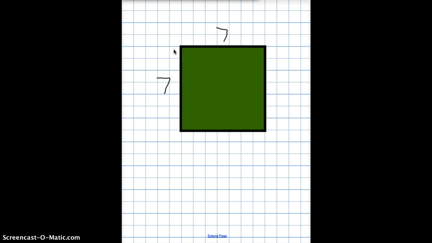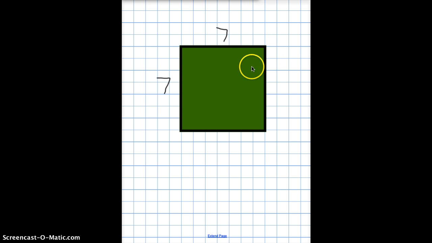So if you count the number of centimeter grids that the shape covers, you can easily see the sides. Here's 1, 2, 3, 4, 5, 6, 7. So this side has 7, and this side also has 1, 2, 3, 4, 5, 6, 7 centimeters.